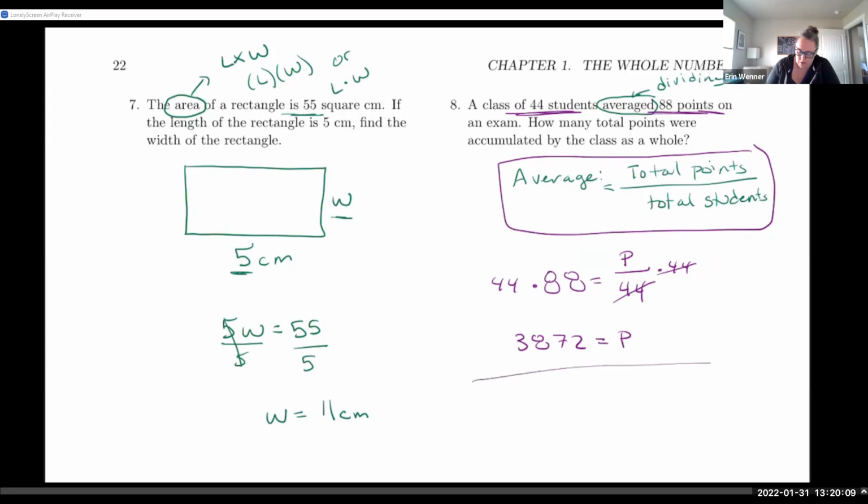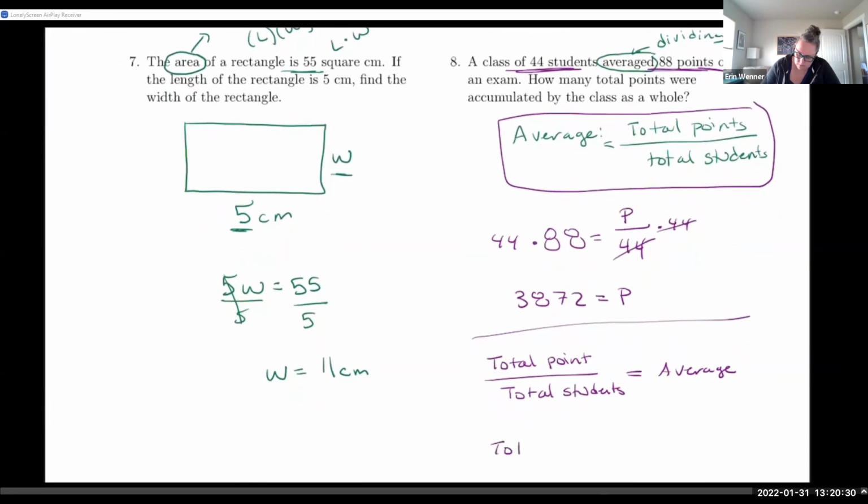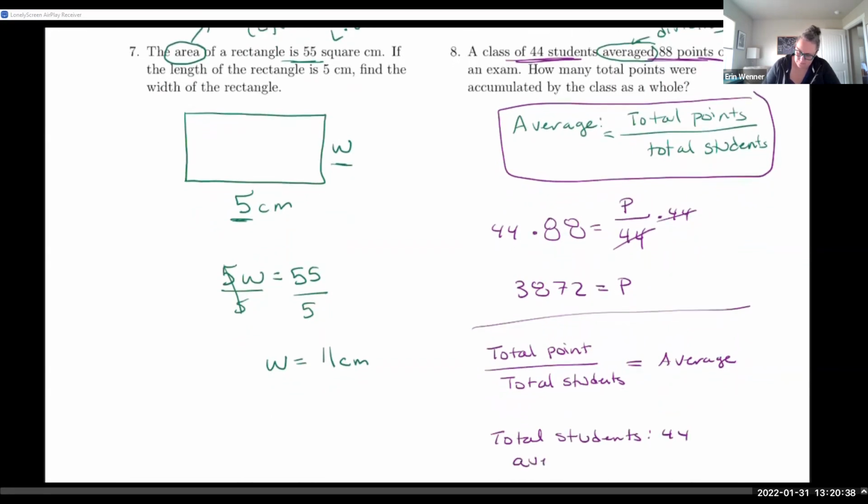So just remembering, how did we come about this? We know that total points over total students equals the average. In our problem, it says total students are 44, and the average was 88.